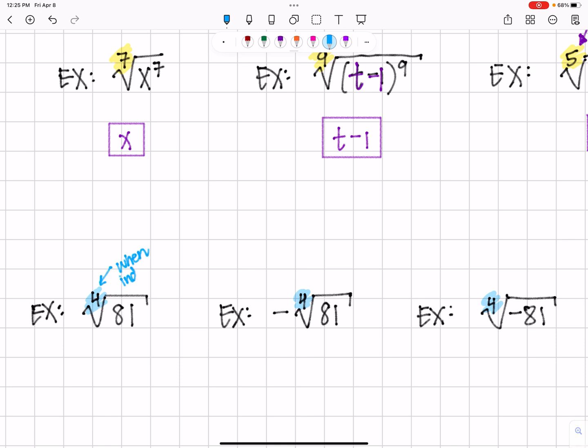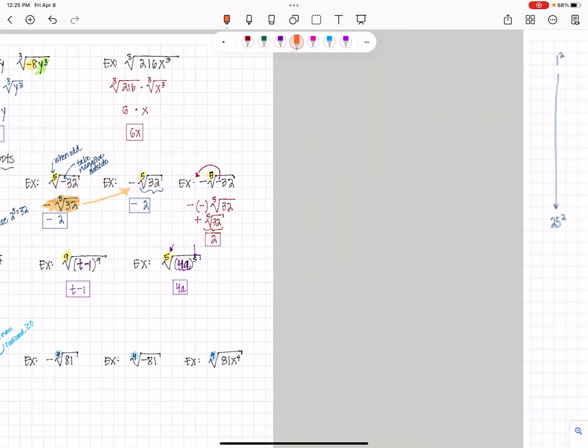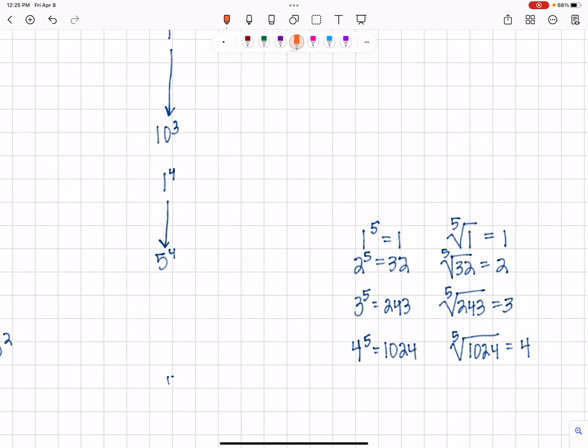Now remember, when the index is even, the radicand must be greater than or equal to 0. The radicand has to be greater than or equal to 0, so it's got to be positive, or 0 works. Otherwise, it's considered not real. So I've got the 4th root of 81. Well, that's back at the exponent quiz. So if we look at the exponent quiz, look at this. 1 to the 4th, 5 to the 4th. 1 to the 4th is 1.